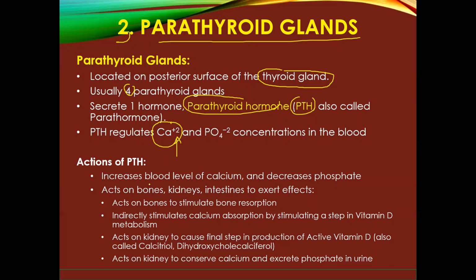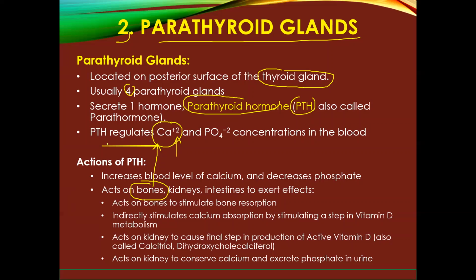So the target cell, again, is very logical. It's going to be bone, because bone has a lot of calcium in it. So when we do not have enough calcium in the blood, the calcium from the bone will be taken and then released into the blood.